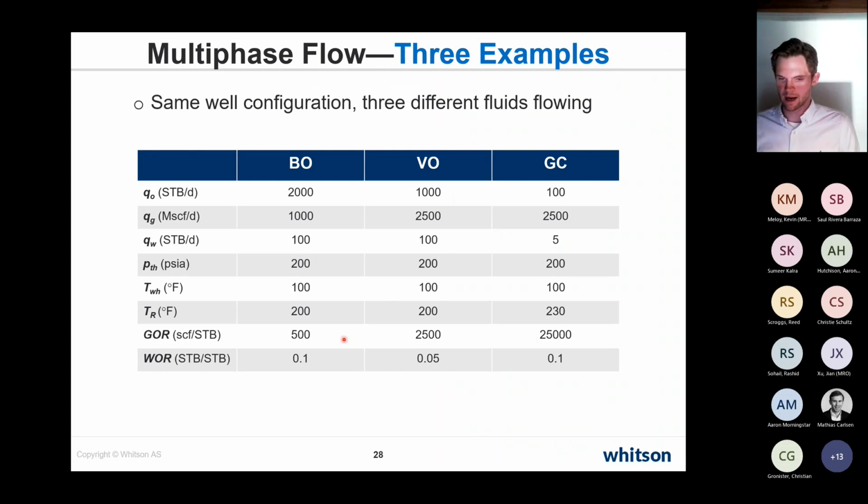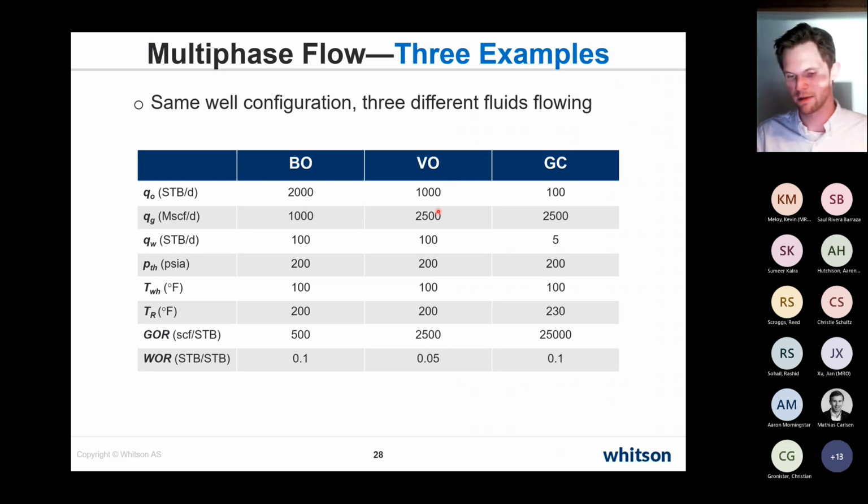So just to show a little bit how this looks along the well, I'm going to show you three different kinds of fluid systems. A black oil, which is going to be very liquid-like with gas existing only as bubbles, essentially.